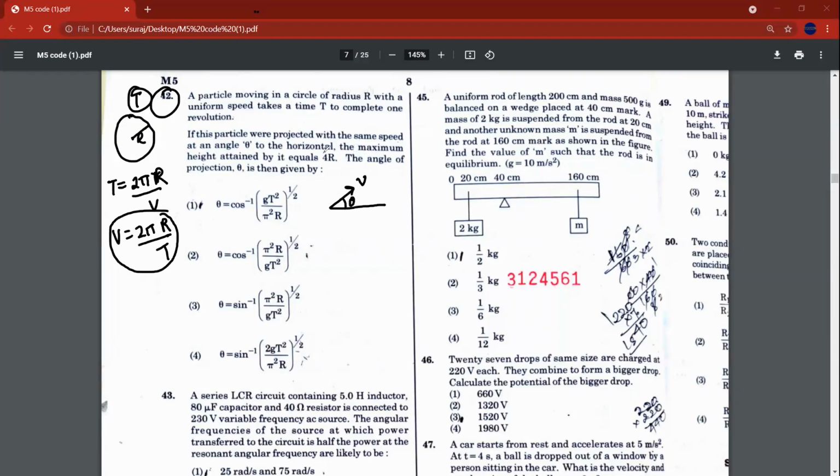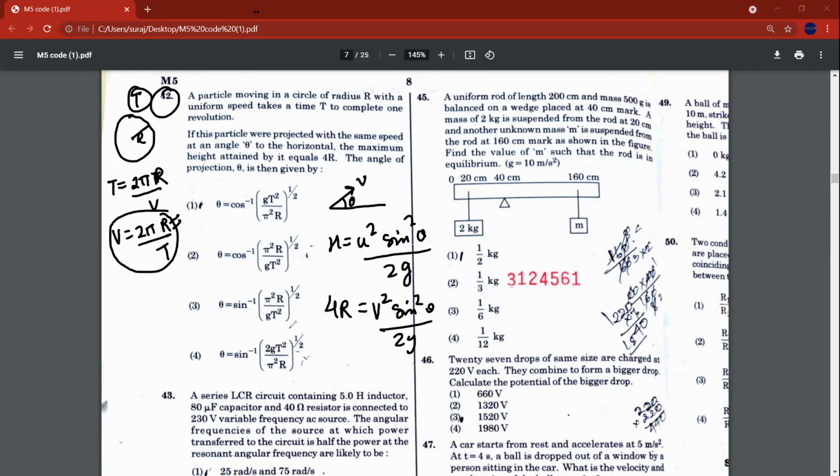Okay, the maximum height attained is equal to 4 times r. H is equal to what? U square sine square theta by 2g. So h is given as 4 times r. U square is, this is v, right? U is v here. V square should put, then sine square theta by 2g.